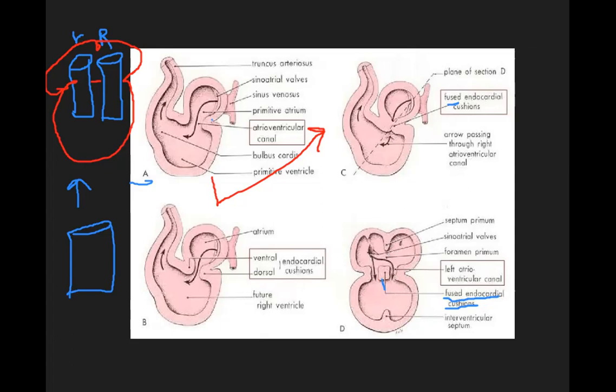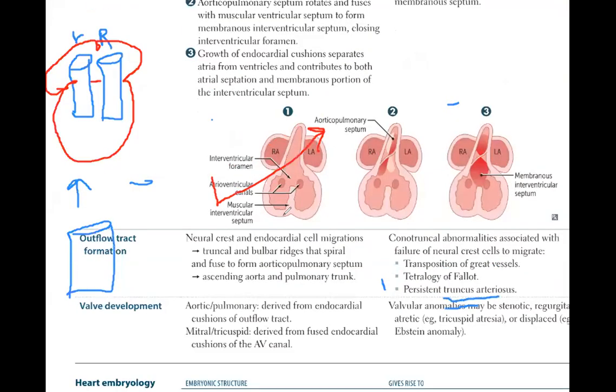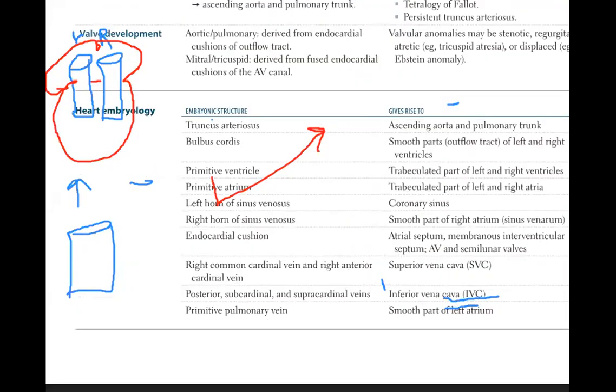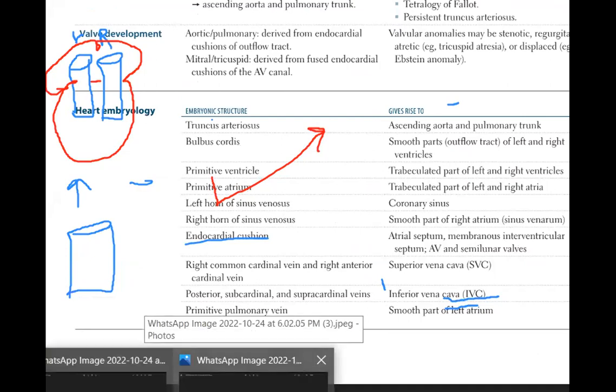So that is what is written in your First Aid book in the endocardial cushion: that it will make an atrial septum, membranous interventricular septum, and atrioventricular valves. I think you should be clear now on the endocardial cushion.